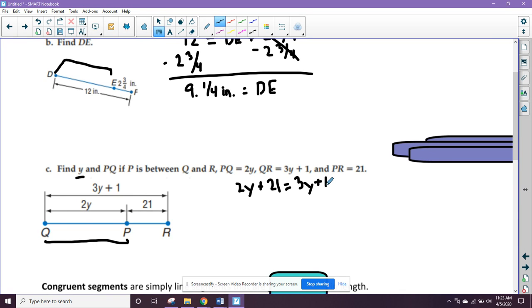We need to get Y by itself. So we have Y is on both sides, so we need to bring it over to one side. So we're going to move this Y over. So we're going to subtract 2Y to both sides.